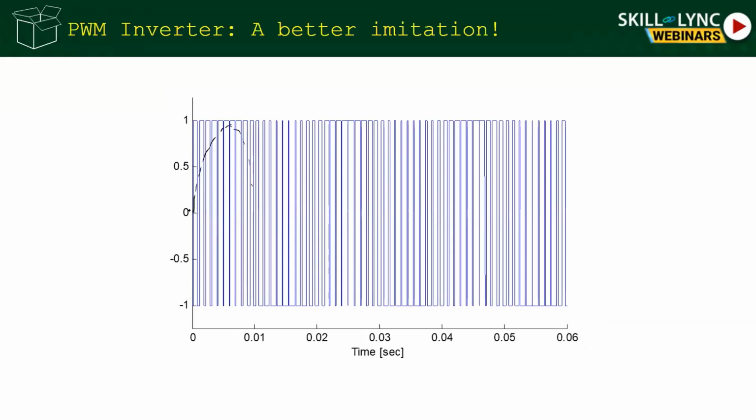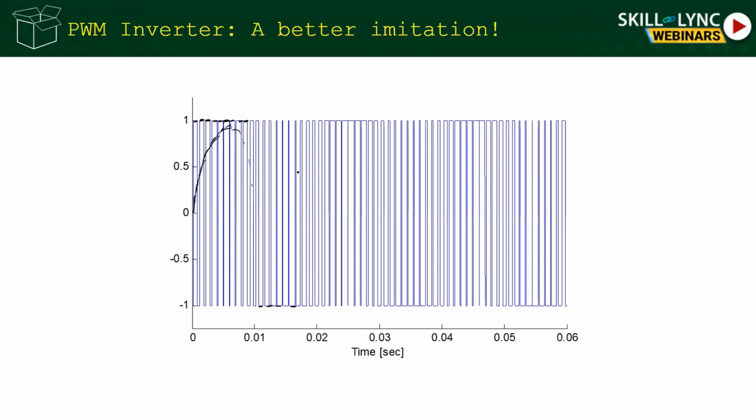The sine wave increases its magnitude, goes to a peak, and then decreases. Here we are doing so with the help of width. The width of this waveform increases, reaches a peak, and then decreases, and on the negative side again it increases and then decreases. It is trying to imitate the sine waveform.